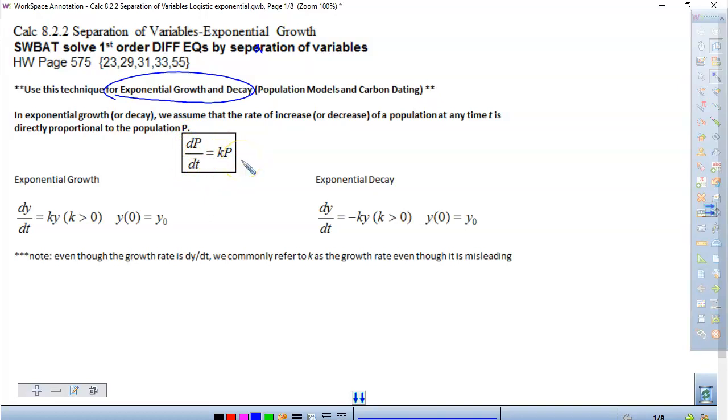It's directly proportional. Okay? So we keep that in mind. So if it's exponential growth, it'll look like this, where k is positive. Does that make sense? Okay? And let's talk population. And the initial population is going to be this value y sub 0, whatever that is.